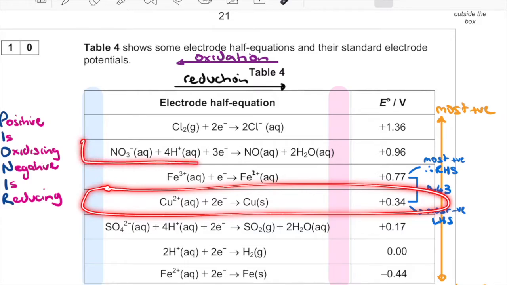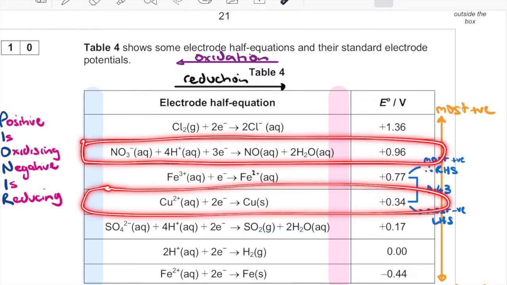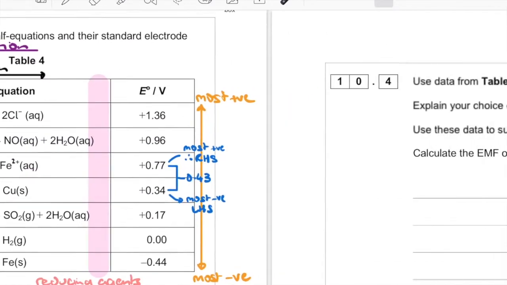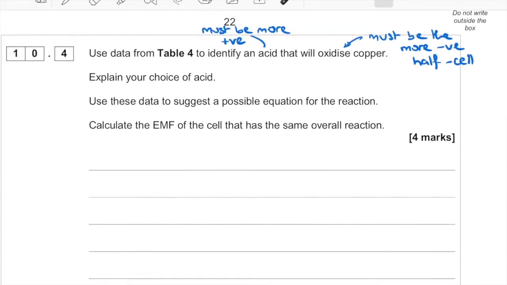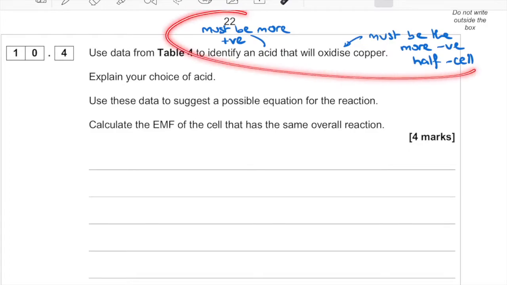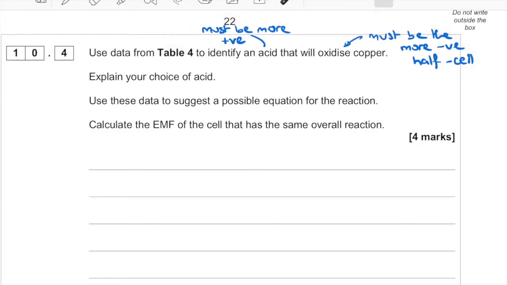That is this one here. If we look at what the other species in that half equation is, it's the nitrate ion. So this must be nitric acid. It really boils down to you appreciating this. This is absolutely critical to answering this question. So for 1 mark, our acid is nitric acid.